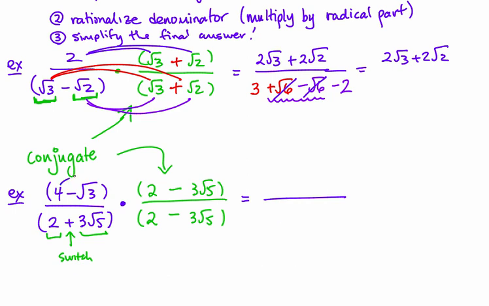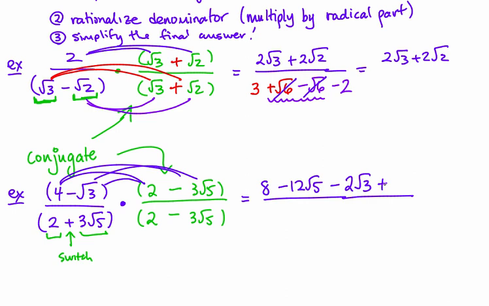So the numerator is a bit complicated. It's 8 minus 12 root 5 minus 2 root 3 plus, a negative and a negative makes plus, 3 root 15. So the numerator does get quite a bit more complicated. The denominator, when I start doing the distributive law, becomes 4. 2 times 2 is 4.